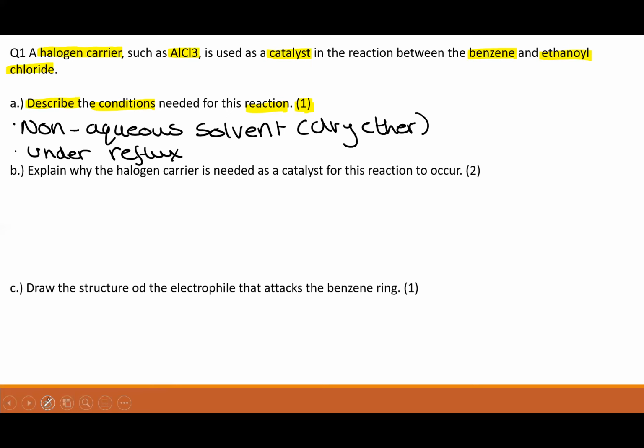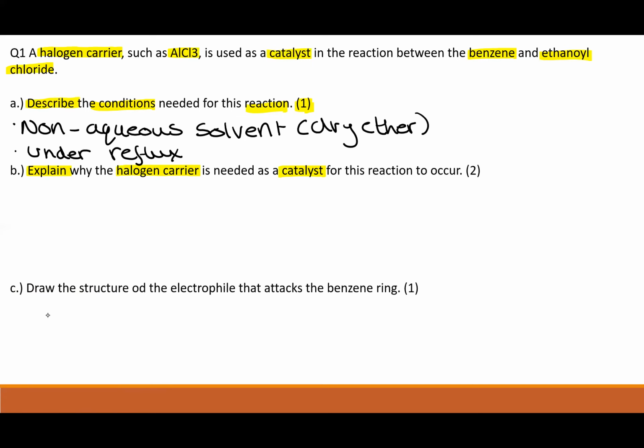And it would also need to occur under reflux. You're then asked on the same question to explain why the halogen carrier is needed as a catalyst for this reaction to occur. Now, that's all about the stability of the delocalized ring.